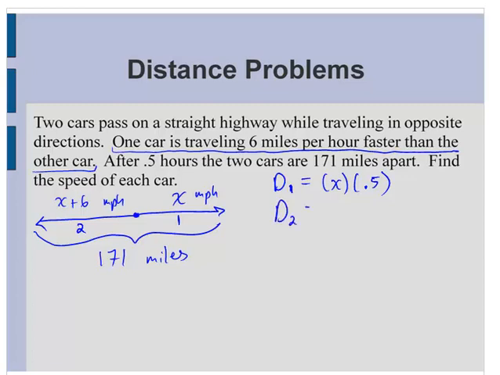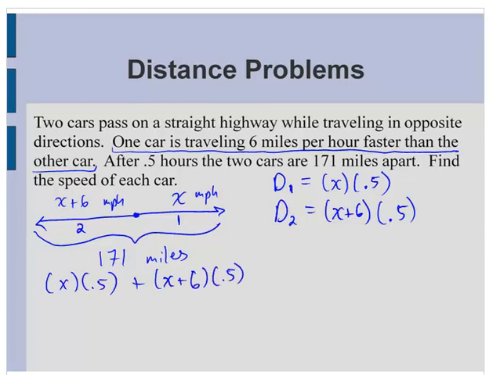The distance traveled by the second car would be its rate, x plus 6, multiplied by its time, 0.5 hours. And we want the total distance to be 171 miles. So we would have the equation x times 0.5 plus x plus 6, times 0.5, is 171.